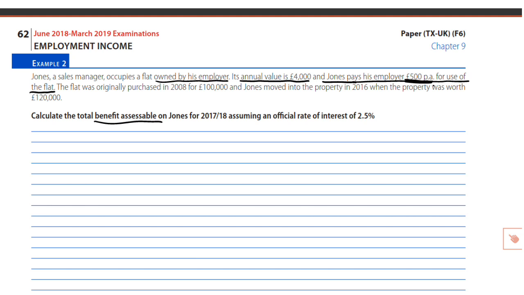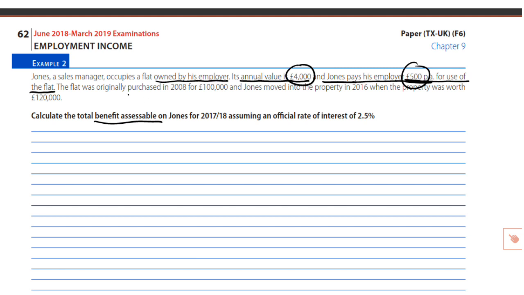Remember, there's no rewards for coming second in relation to an objective testing question. You make one mistake, you misinterpret one thing, and you get the wrong answer. You get nothing. So make sure you read it carefully. So here, annual value is going to be added in determining the employment income assessment, the assessable benefit. We'll be taking £500 out.